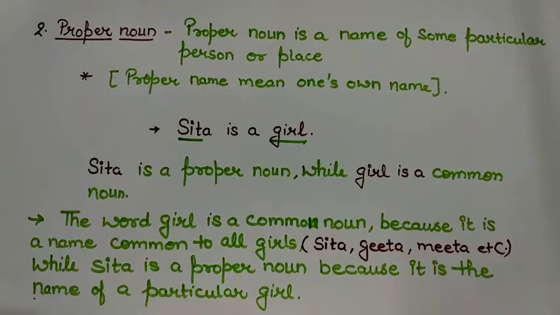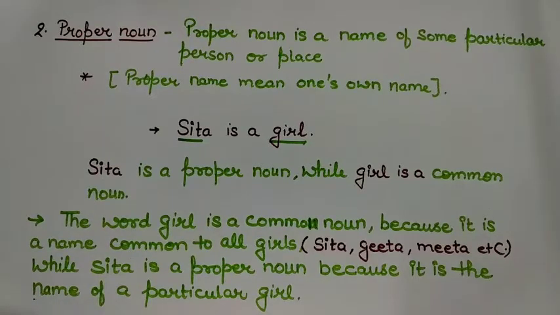Because Sita is a name of a particular girl, we can say that Sita is a proper noun, while girl is a common noun. Because the word girl is common, it can be given to any girl like Sita, Geeta, Meeta, etc. It is common for all the girls. While a name, that is Sita, is a proper noun because it is the name of a particular girl. So, proper noun is a name of some particular person or a place.